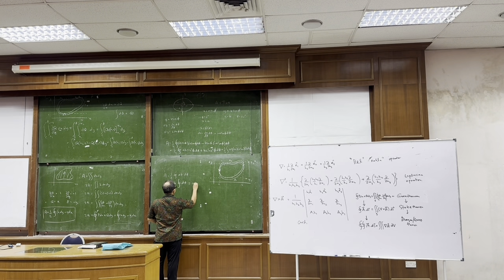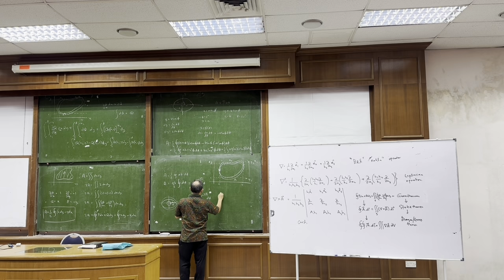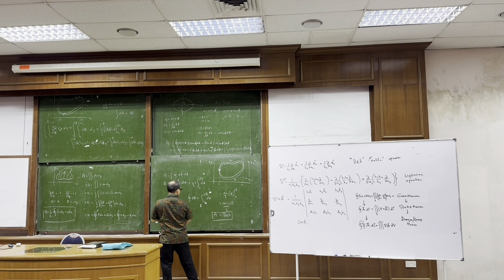So the closed integral of d phi is the integral from 0 to 2 pi of d phi. We have ab over 2 times 2 pi, which is pi ab, the area of an ellipse.